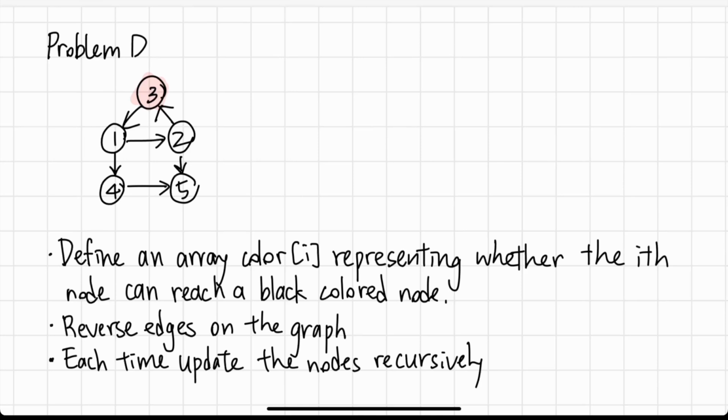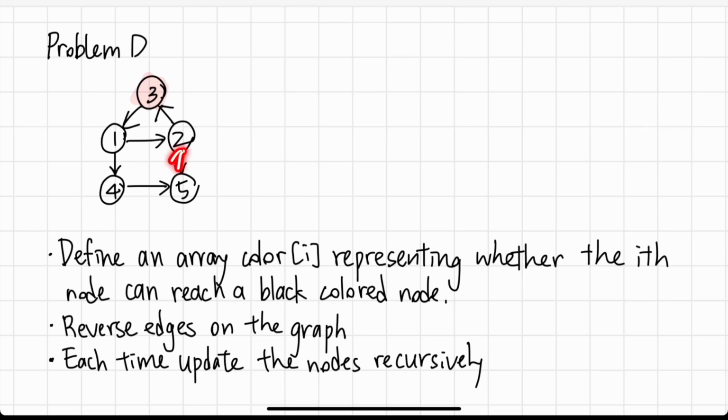So now we need to find how to quickly update all the vertices that can reach the current vertex when we color the vertex black in a type 1 query. How we can do this is that we can reverse all the edges on the graph.